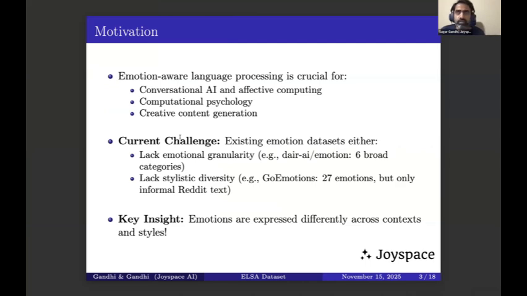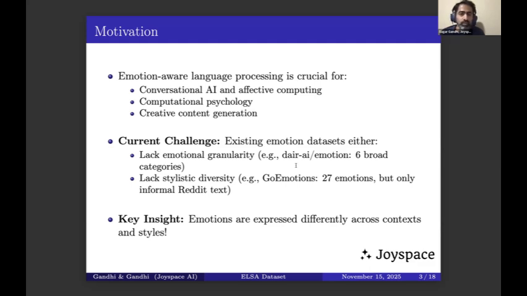So the motivation is our language is highly complex. We deal with a lot of emotions, but apparently there is no single dataset that is rich in emotions and at the same time has style variants. For example, in 2018, there came dair-ai, which has 6 broad emotion categories, but that's not enough.